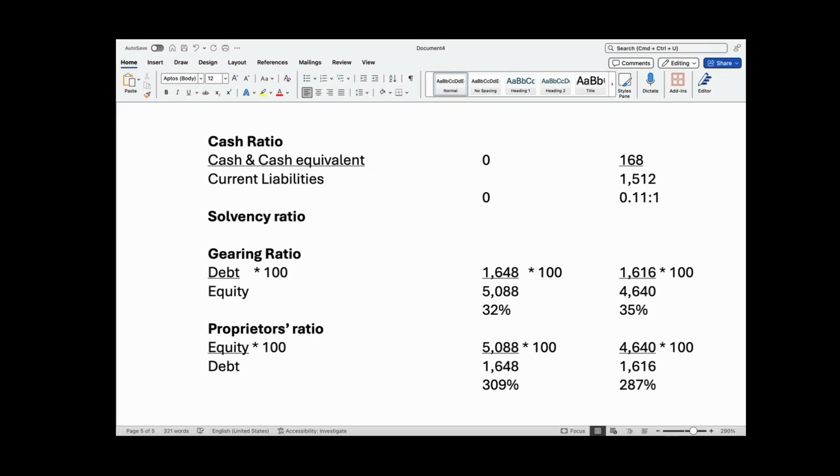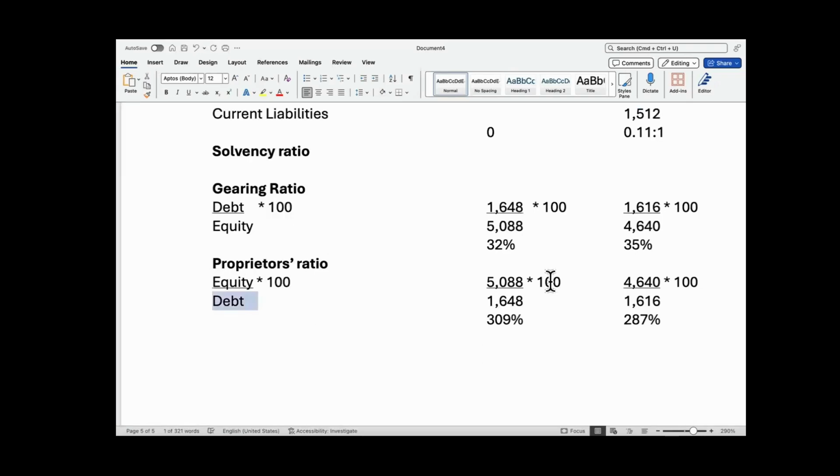So in these companies, the owners own the majority of shares when compared to debt. They are far apart, 309% and 287%, which is good. So they are exposed to very little financial risk, as the case may be.